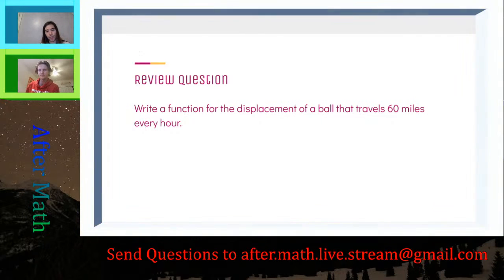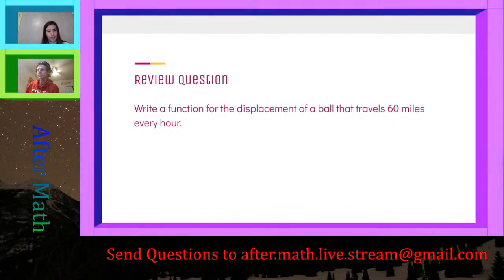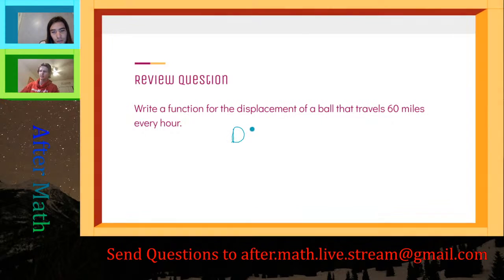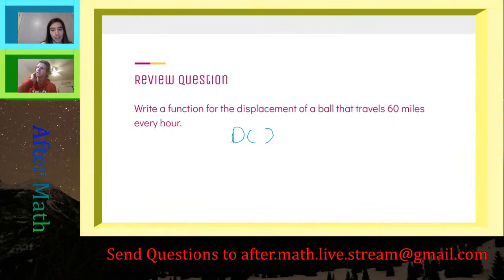It sounds like we're writing a function for the displacement, so I'm going to write a d here for displacement. It's going to be a function, so it's going to be d of something.